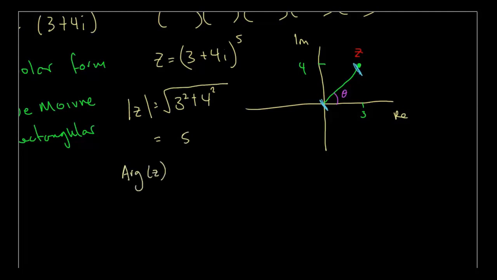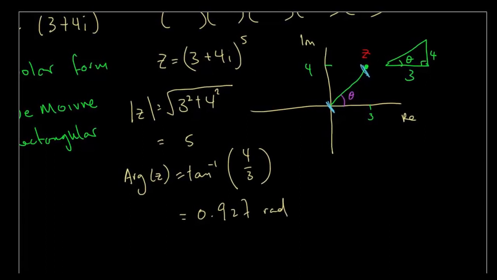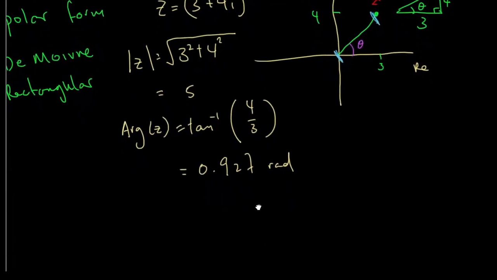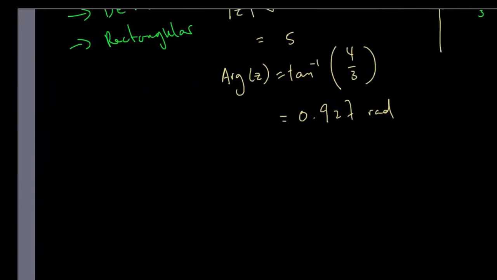If you look here, that is just a normal right-angle triangle. This is the right angle, this is 4, this is 3, and this is my theta that I need to calculate. So that will be tan inverse of 4 divided by 3, which is 0.927 radians.